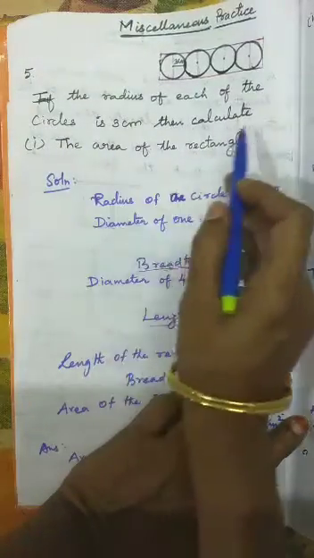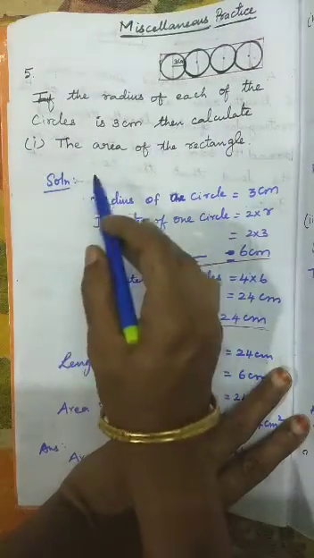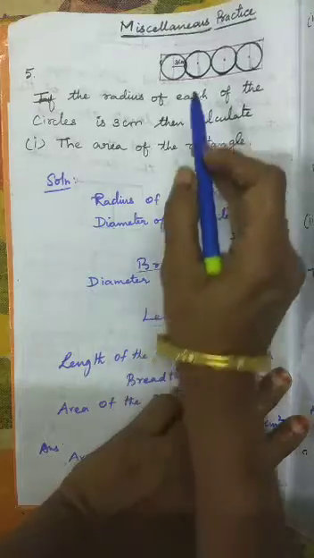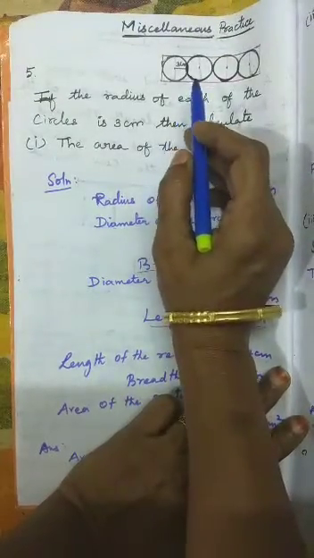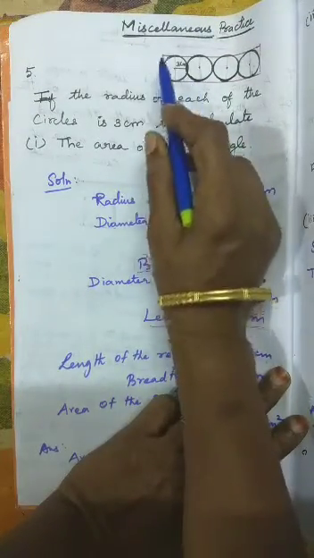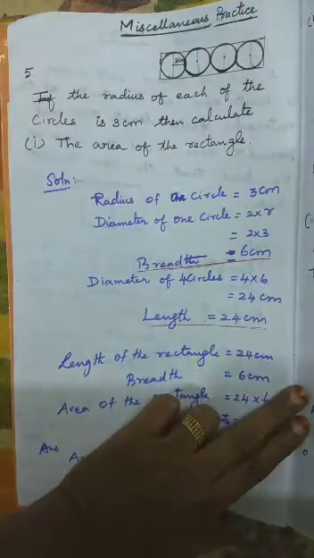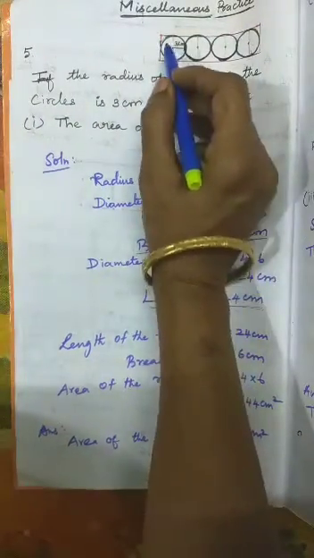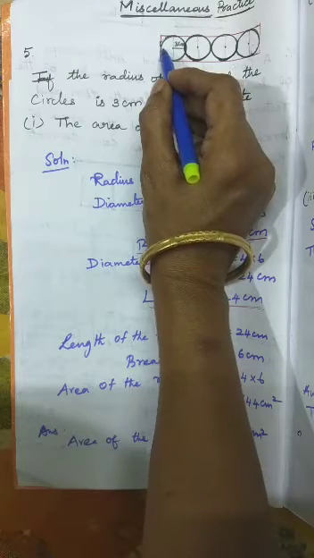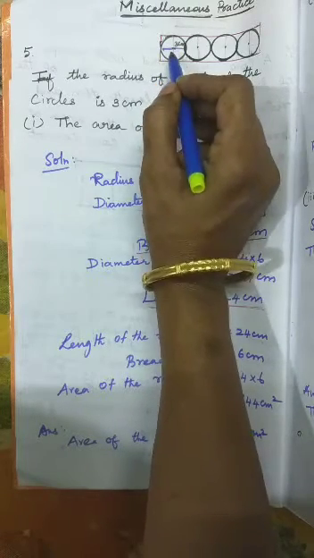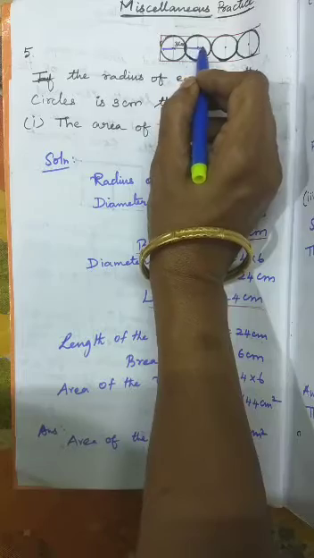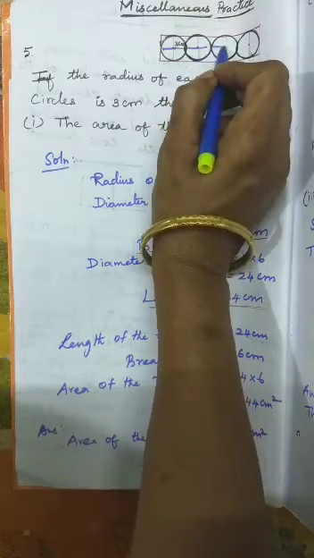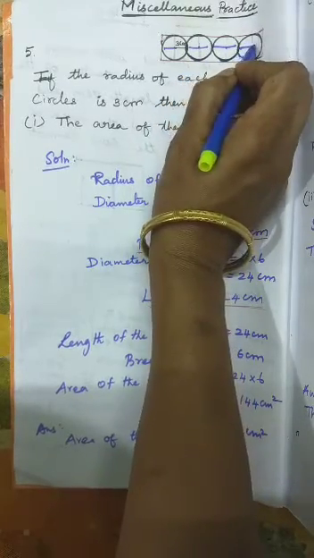Then calculate first the area of the rectangle. First you have to calculate the length and breadth of the rectangle. How to calculate? First we know the radius. So see the diameter, this is 6 centimeter plus 6 plus 6 plus 6.